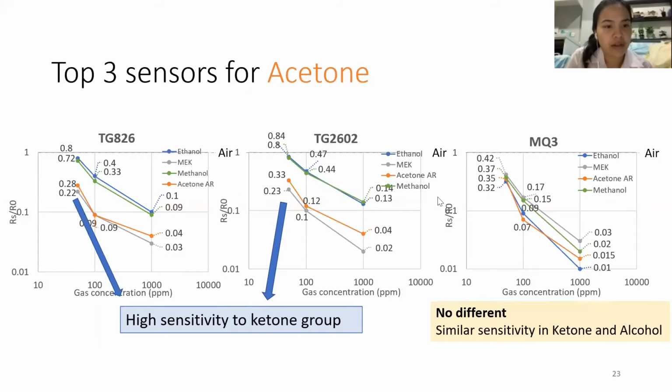And for the third one, there is no difference between acetone or MEK and ethanol and methanol.